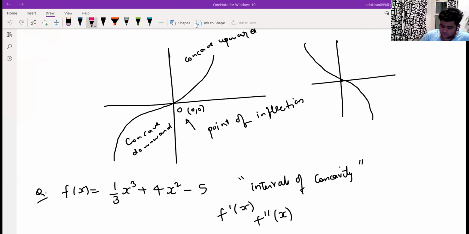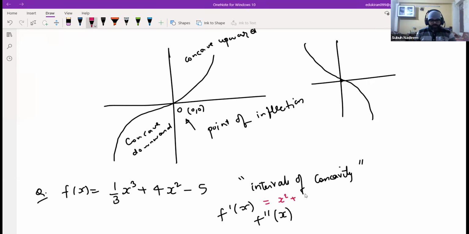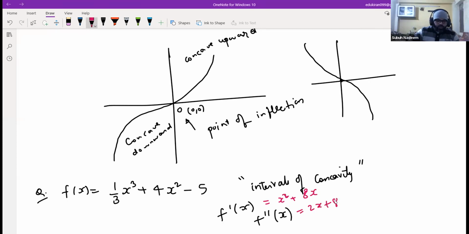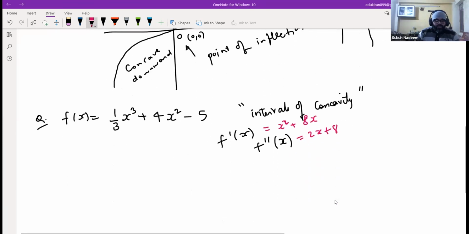So the first derivative is 2x square plus 8x, and the second derivative will be 2x plus 8. Now we have to see where the second derivative is positive and where it is negative.